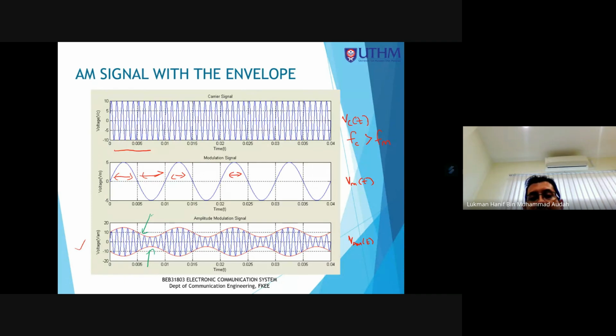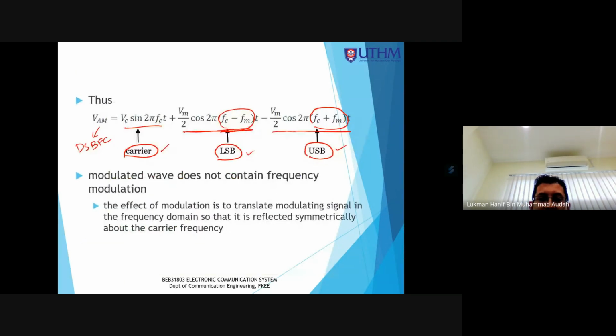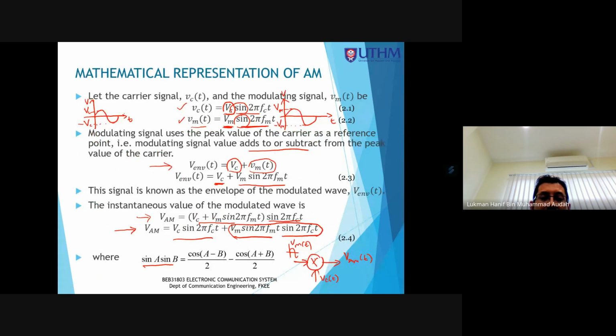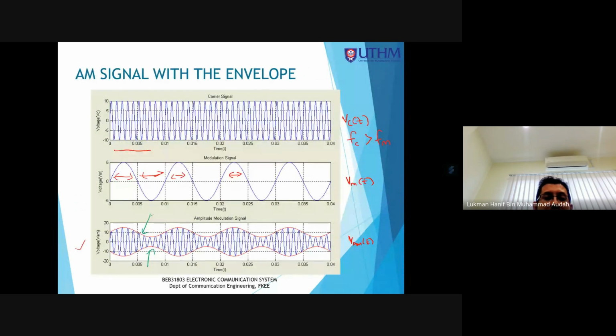You might wonder what the envelope is. The envelope has the upper side and also the lower side. The red color line is the envelope. It is an imaginary line, so the line does not actually exist.